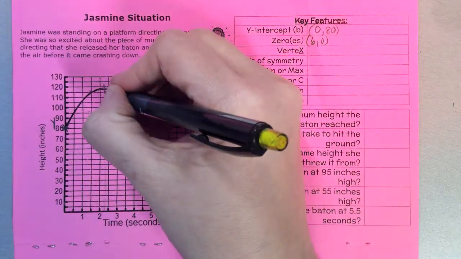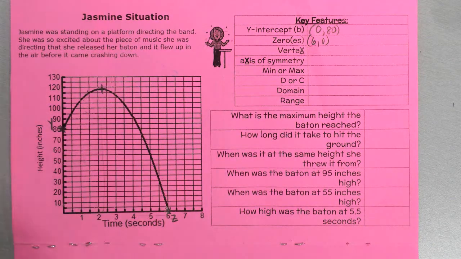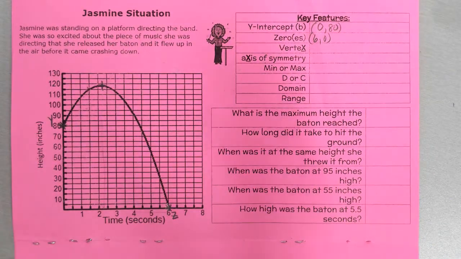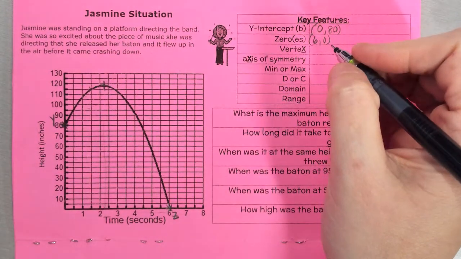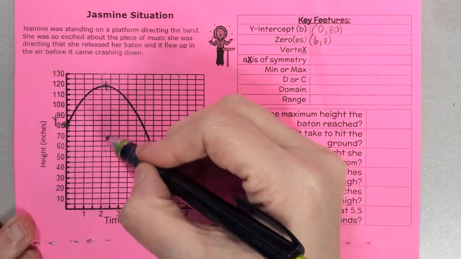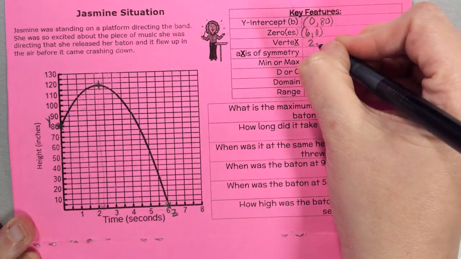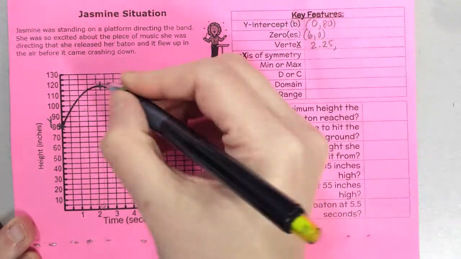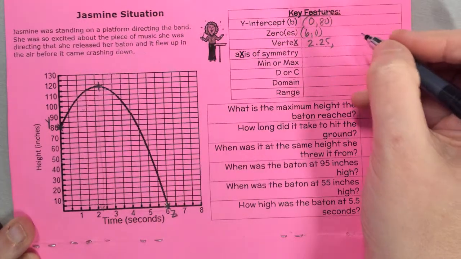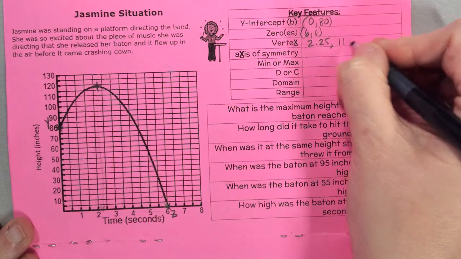Okay, so up here, I have my vertex. I've done this wrong once already. This is like the third version of this video. Let's see if I can get it right this time, especially since I have it literally written in front of me. Now, we're estimating for this one, right? I think this is about 2.25 for my x, and it goes up to about 118, not 18, 118.